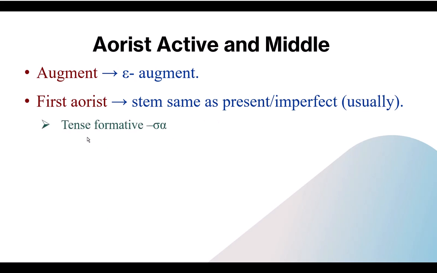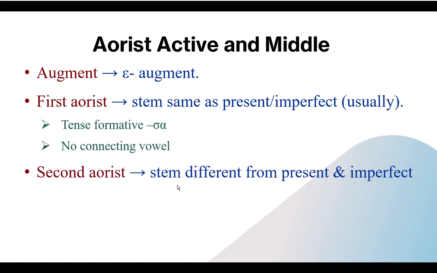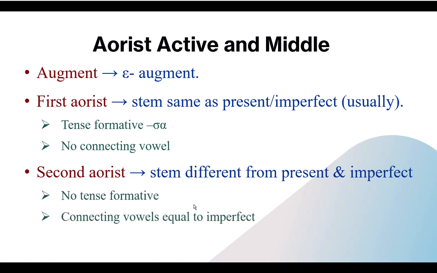For the first aorist, we have a tense formative of sa, sigma alpha. There's no connecting vowel. For second aorist, the stem will be different from the present and imperfect stem. There is no tense formative, and the connecting vowels are equal to the imperfect, so they're the same. In addition, aorist active and middle verbs use secondary endings.